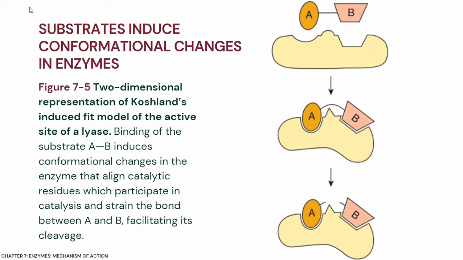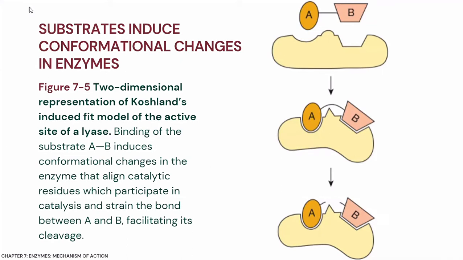The other one is Koshland's theory, which says that it debunks the lock and key theory because it says that there are substrates that do not look like, or do not have the same appearance as the catalytic site of the enzyme.